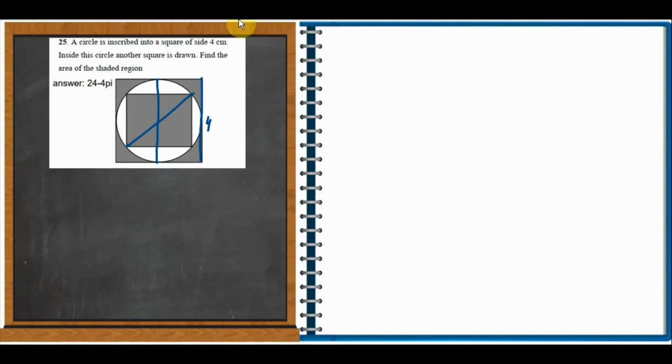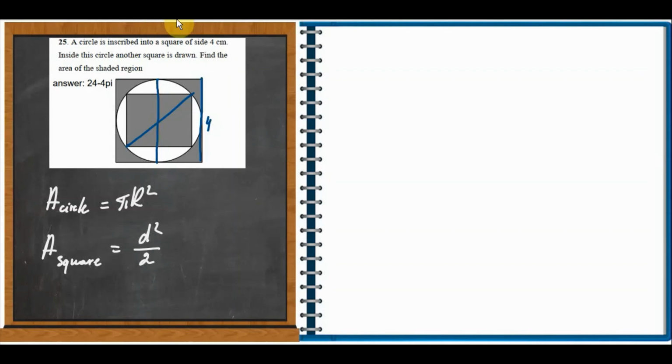Alright, what is the area of a circle? Area of a circle is pi r squared. Now, area of a square in terms of its diagonal is diagonal squared over 2. These two formulas are enough to find the area of the shaded region.